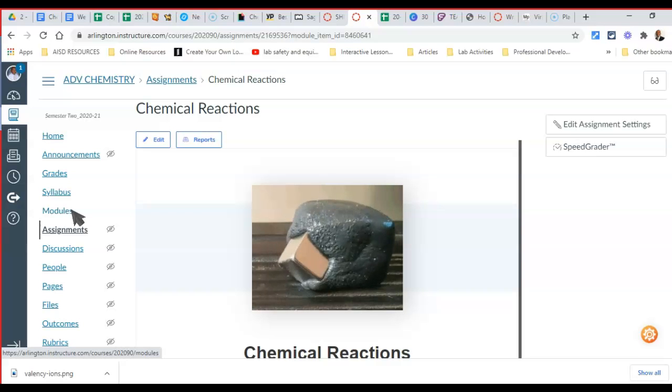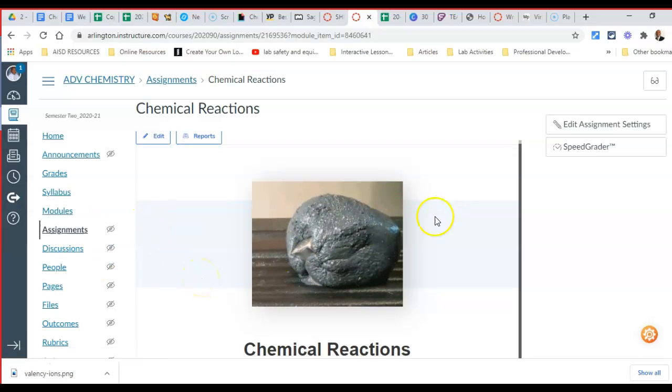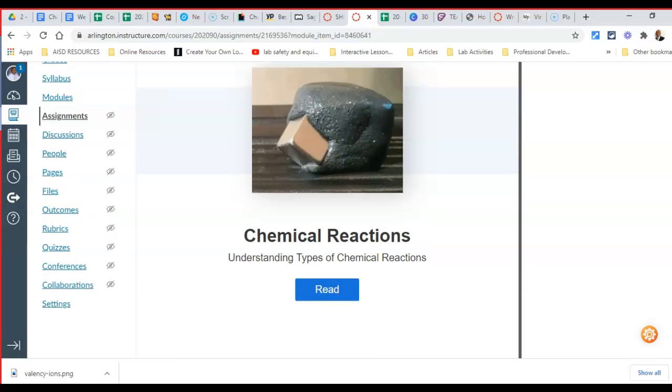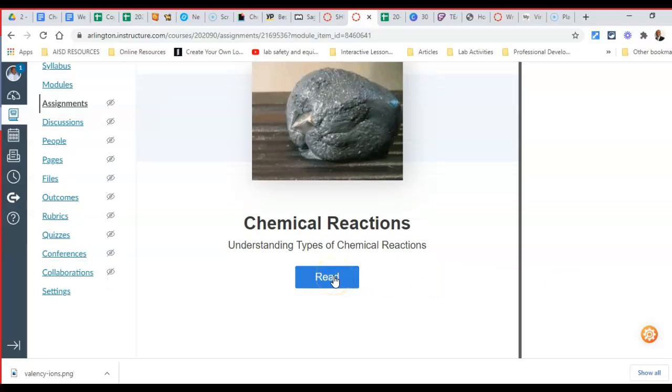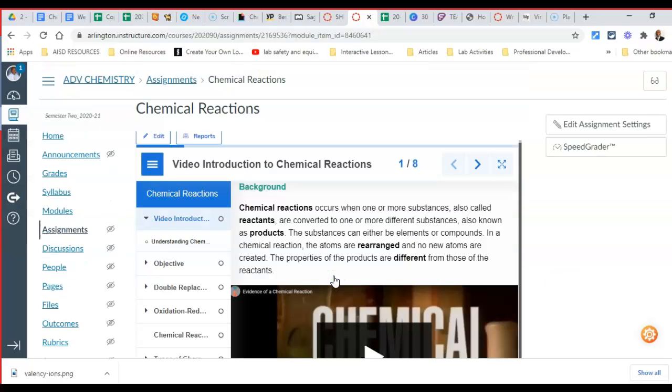Okay, but for now, let's quickly go over chemical reactions. Some quick background. During the first semester, we talked about two types of changes, physical change and chemical change. In chemical change, a new substance is always produced, whereas in physical change, the substance is still the same.